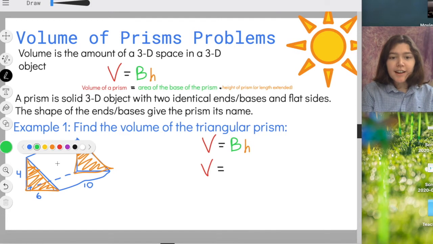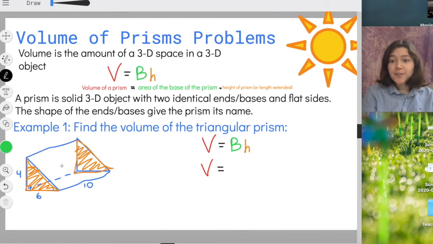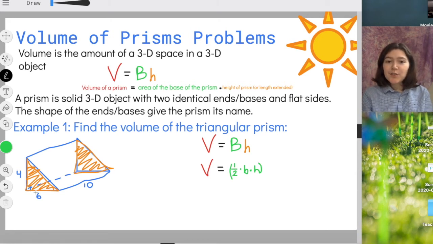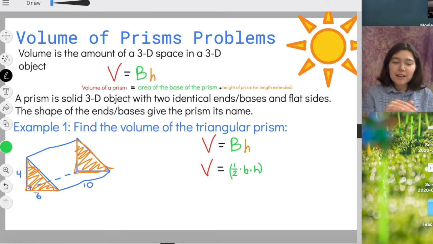In green here, I need to find the area of a triangle because I have a triangular base. To find the area of a triangle, we said we multiply 1/2 times the base of the triangle, and then we multiply by the height of that triangle. Now this is confusing because we have a big B, which is the area of the base, and then little b, which just meant the length of the bottom of our triangle.